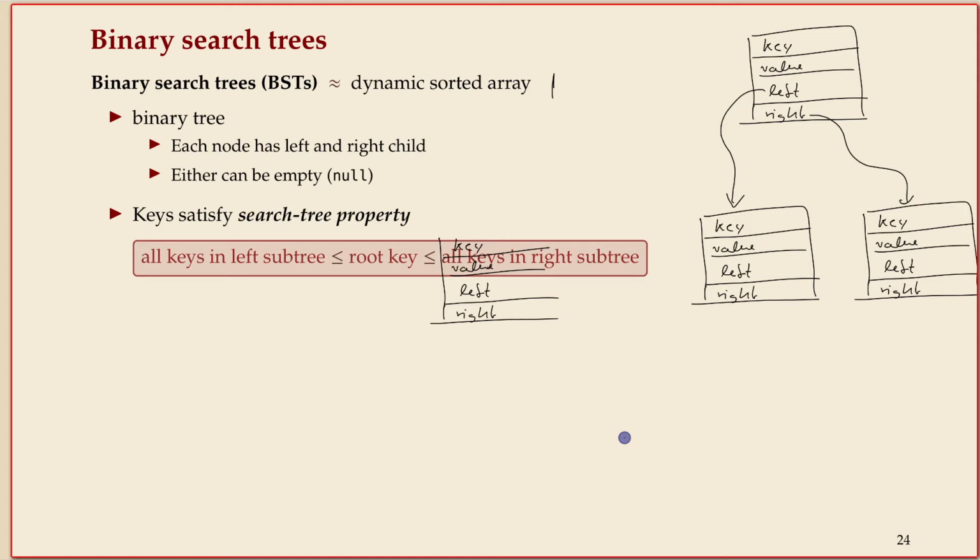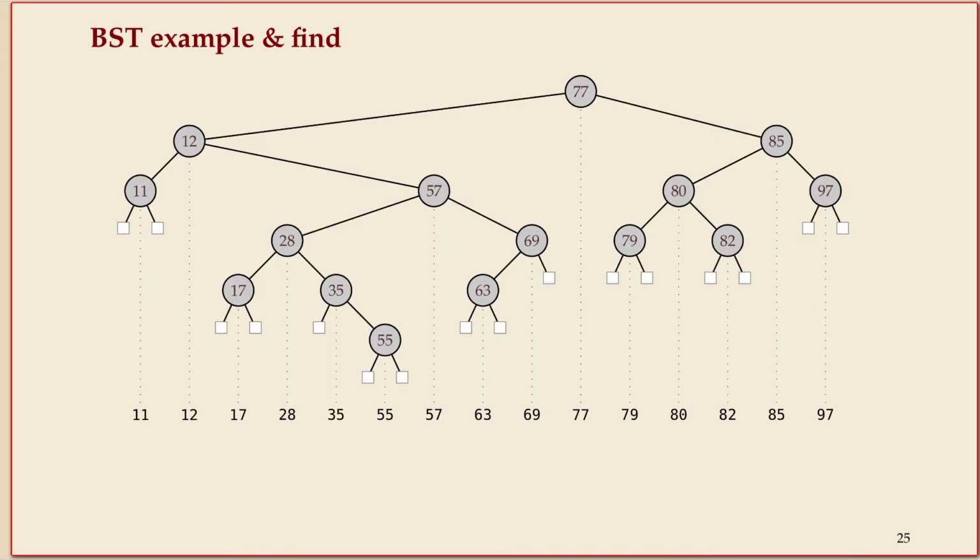OK, I think in one way or another, I hope you have seen this. You could implement it exactly like this, for example, in Python. Here's an example of how I want you to think about binary search trees.